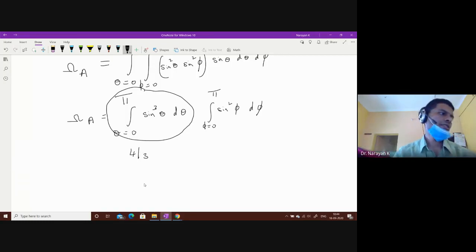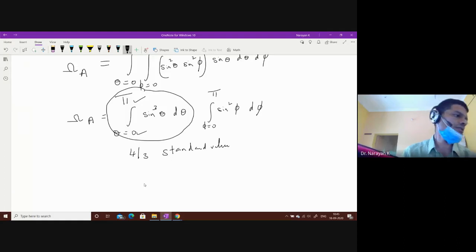This is one standard value. You can remember this standard value if it is integrated from 0 to pi only. If it is 2 pi, you have to do the derivation and expansion again, 4 by 3, using sine cube theta and sine of 3 theta. That is what we did in the previous class.